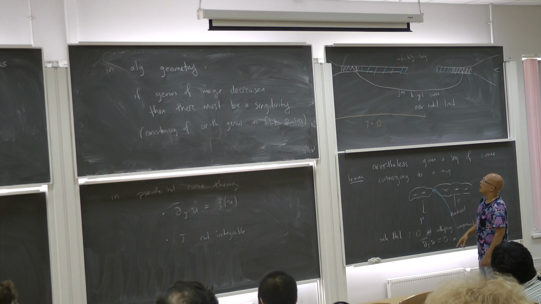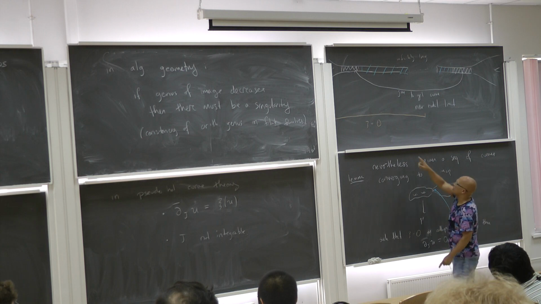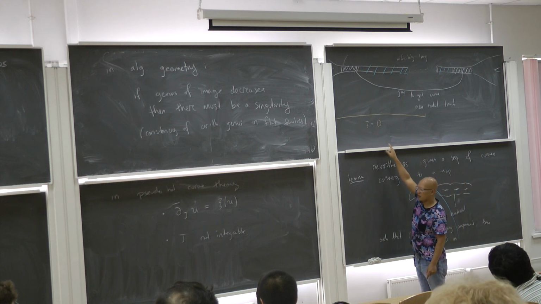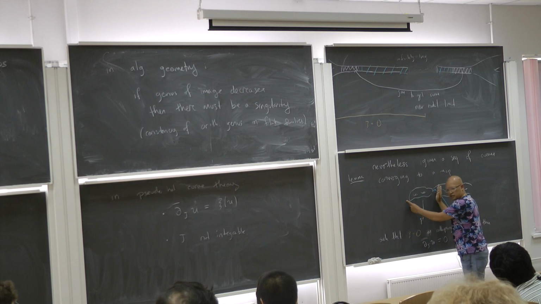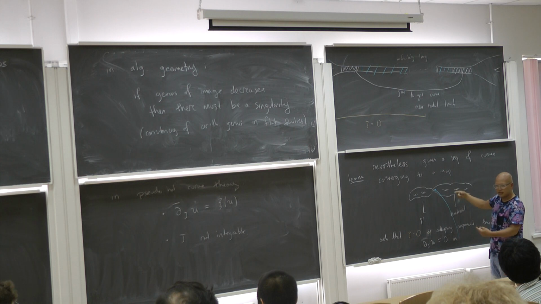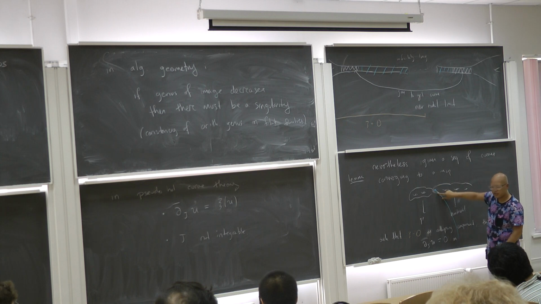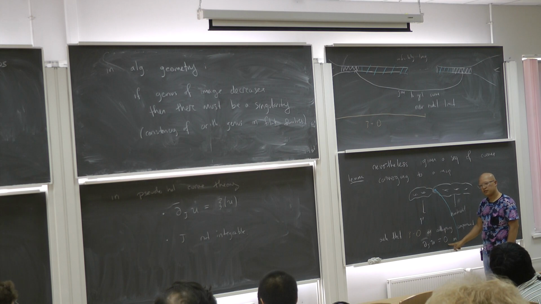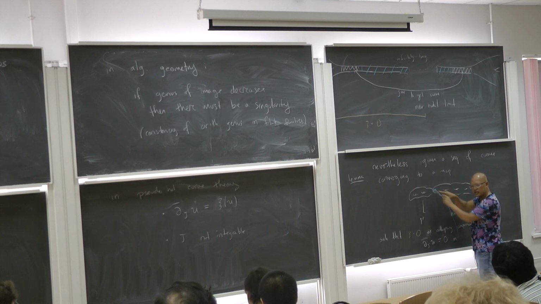I demand that the perturbation vanishes on the piece that's going to this part. And the conclusion of the lemma is that on the limiting curve, if I look at the map and I look at what it is right here, its holomorphic derivative is 0. At the point where the other one is attached.